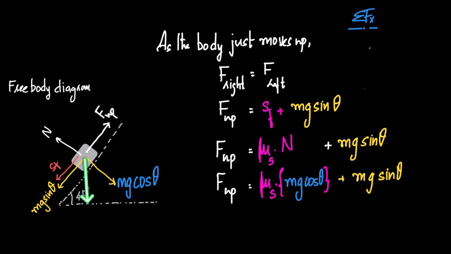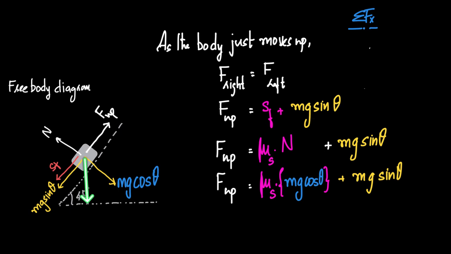Or in other words, we can just write it here that forces acting along the right direction should be equal to forces acting along the left direction, right? Now, what are the various forces acting in the right direction? Along the right direction, the only force acting here is F upwards, which is equal to, along the left direction, static friction and mg sine theta. So this becomes static friction plus mg sine theta.